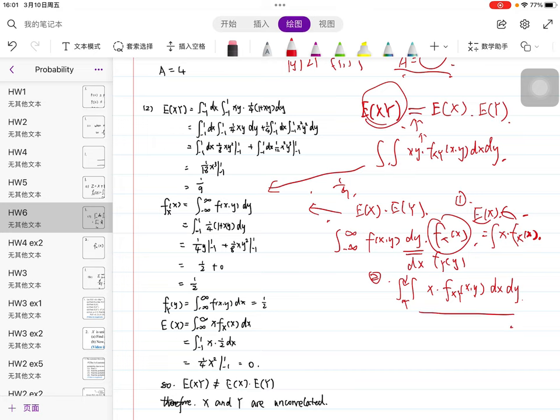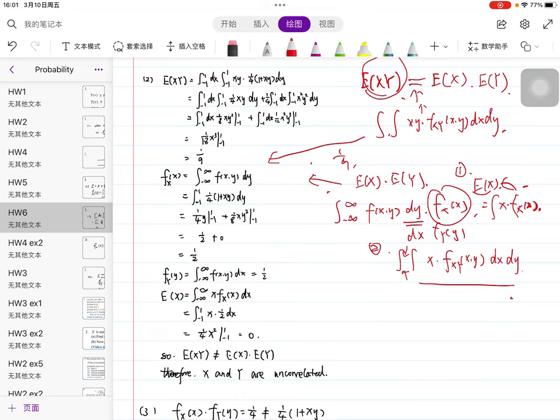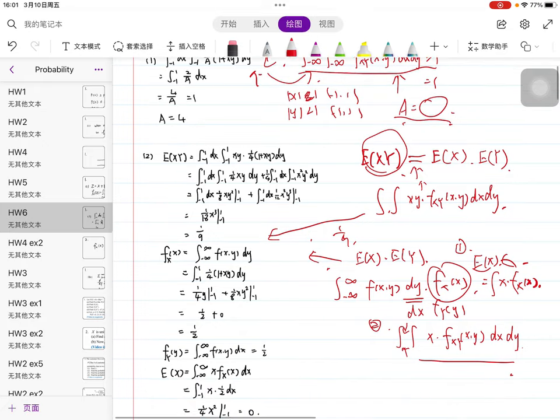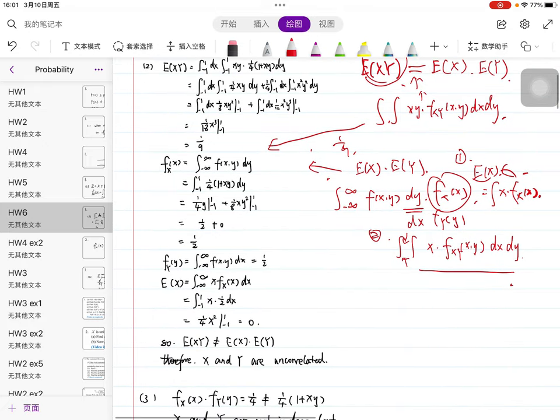By solving this, we could also get the expected value of x. After calculating this, we get the expected value of x equals 0.